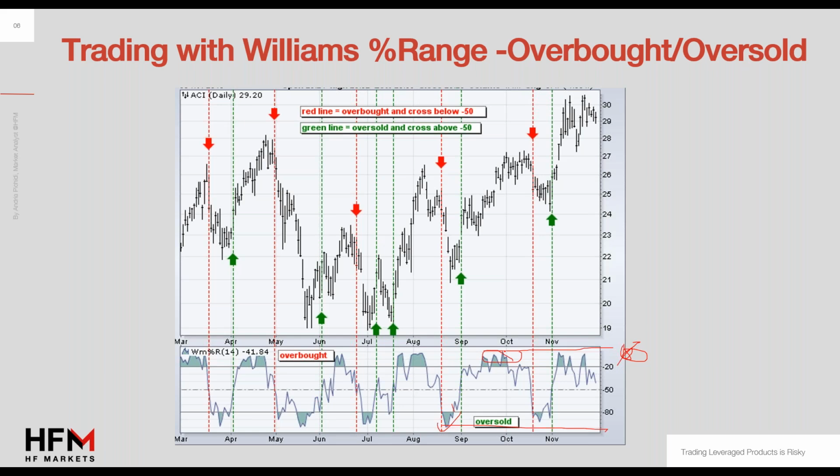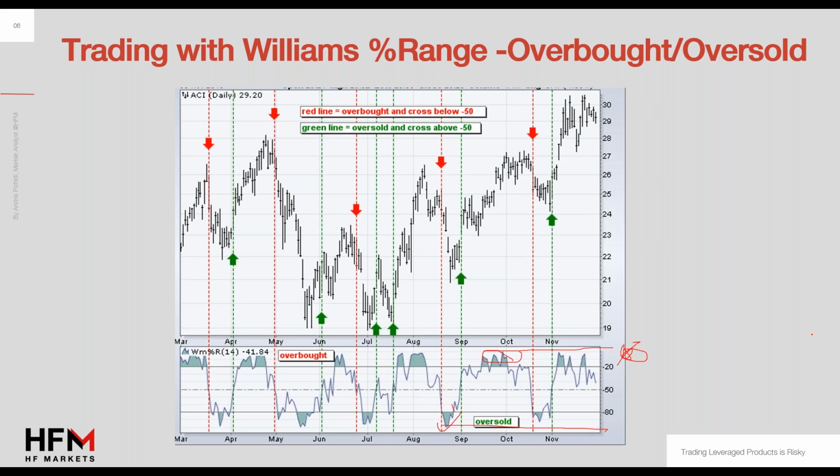A bearish signal will be if and only if it comes down below minus 20. The same stands for a bullish indication. Oversold readings are not necessarily bullish. If there is a long-term downtrend, it might remain oversold for quite some time because there is a very strong downtrend.